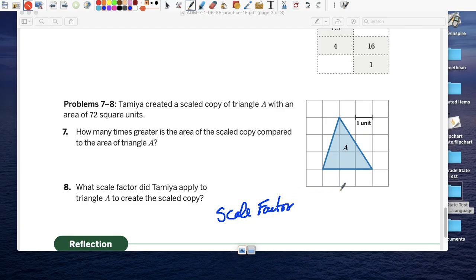And then I'm going to write area, the original area. But the original area is what? What are they telling us? That the original triangle here has an area of 72.